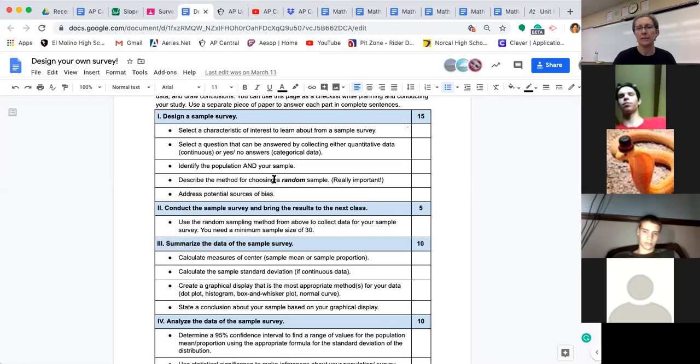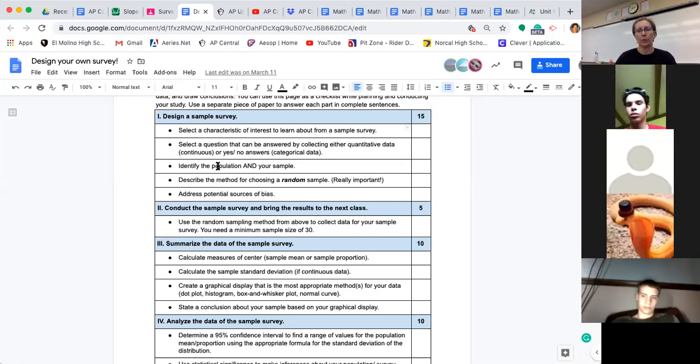Again, the sample is just the people that actually responded to your survey. And then your population is a description of who those people represent. I had that backwards before. The population would be all juniors at El Molino, whereas the sample would be the juniors that actually responded.